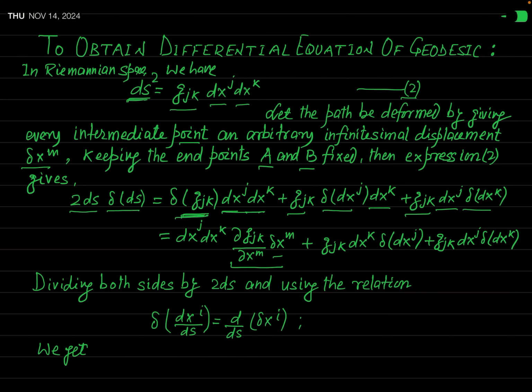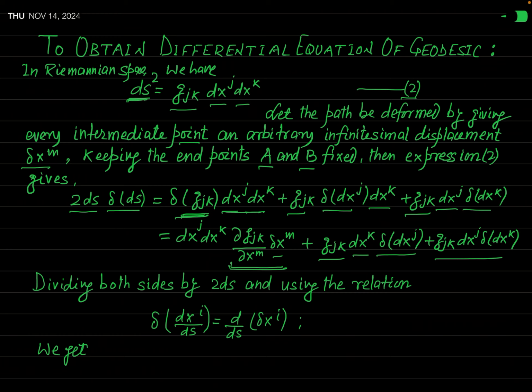This is just the definition of this delta variation operator. And now let us see the second term. In this second term you can see the expression is g_jk times dx^k and delta operated on dx^j. And the last term is also at ease.